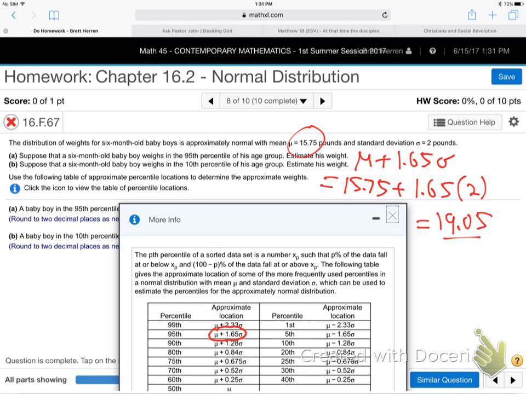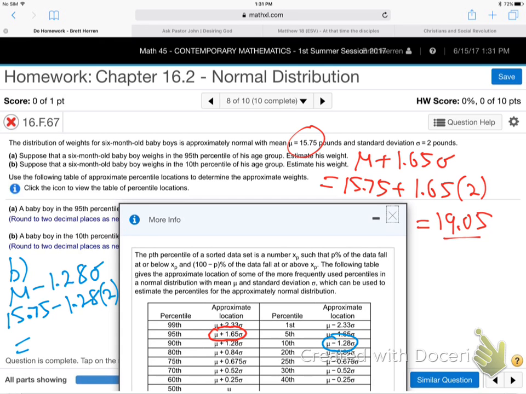And then question B. Suppose the 6-month-old is at the 10th percentile. So we just grab the formula for the 10th. It's right here. So I'll do part B over here. It's going to be mu minus 1.28 sigma. So mu is 15.75 minus 1.28 times sigma, which is 2.